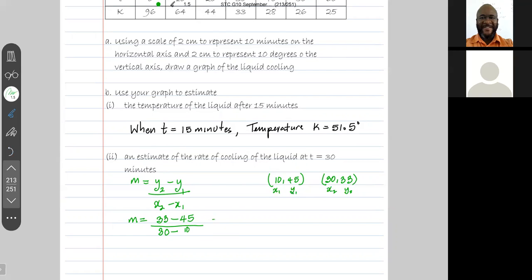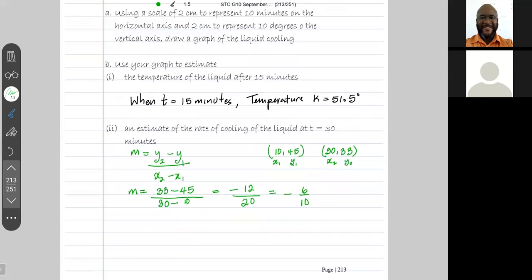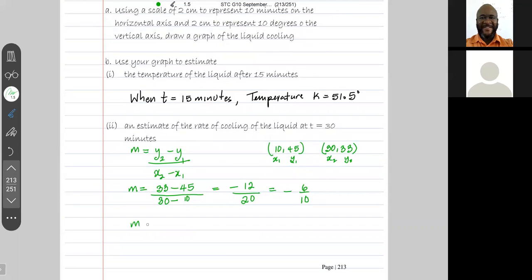So what I have here is minus 12 over 20. Now, minus 12 over 20 is the same as saying minus 6 over 10, and minus 6 over 10, for me, M, my gradient, is minus 0.6.